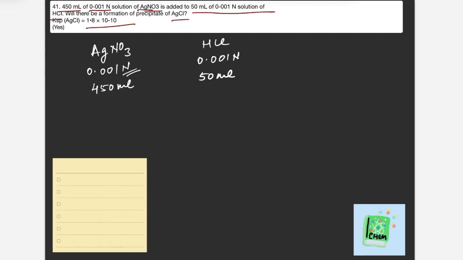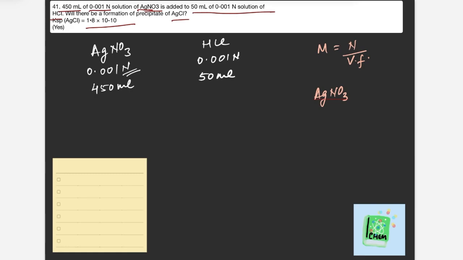To convert normality into molarity, molarity is equal to normality divided by valency factor, also known as N factor. What is the N factor or valency factor of AgNO3? AgNO3 is a salt. The valency factor of a salt is equal to the total charge on the cation or the anion.